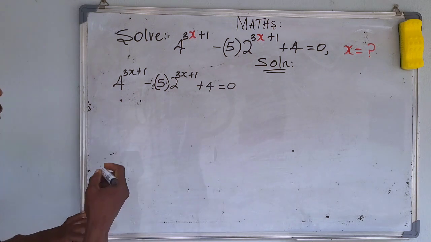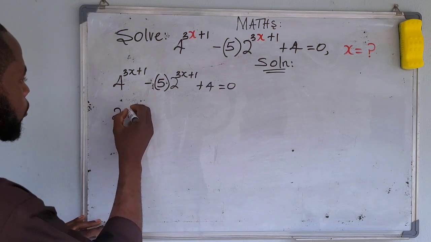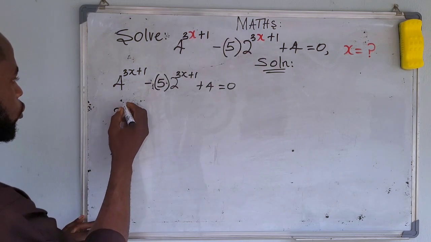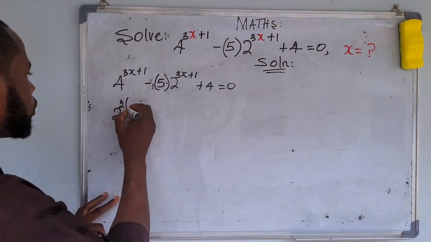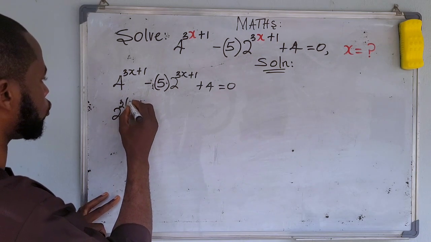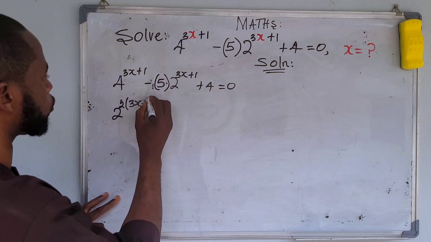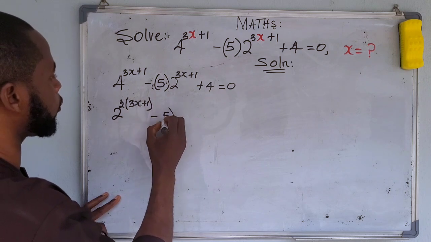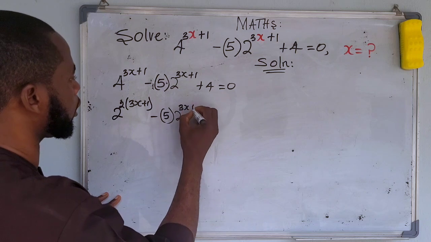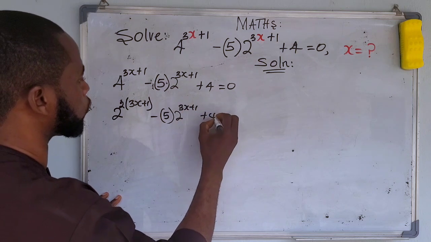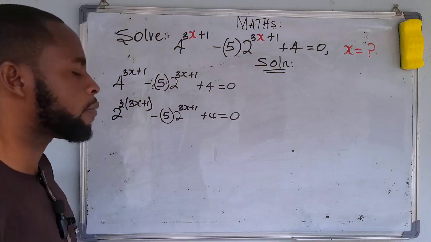Here we express 4 in base 2, that is 2 to the power of 2 to give us 4, then multiply it by the already existing power of 3x plus 1, minus 5 multiplied by 2 to the power of 3x plus 1, plus 4 equals 0.